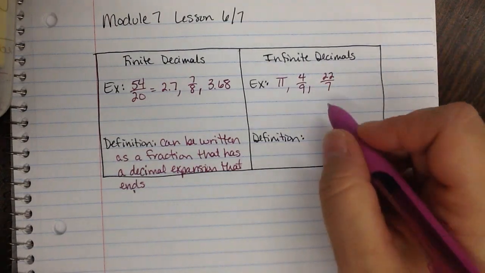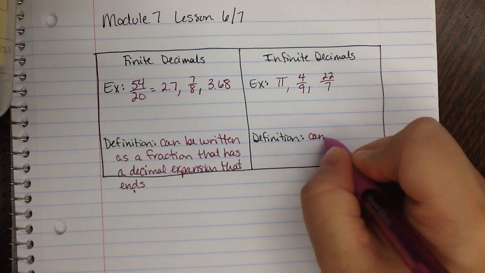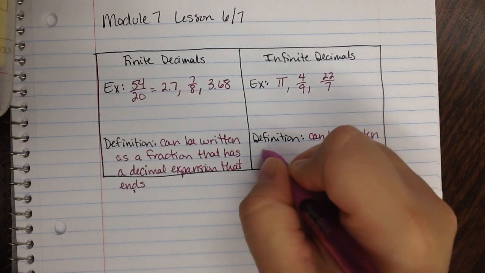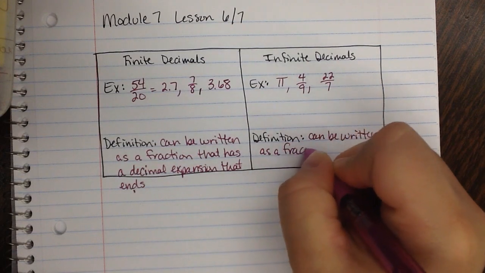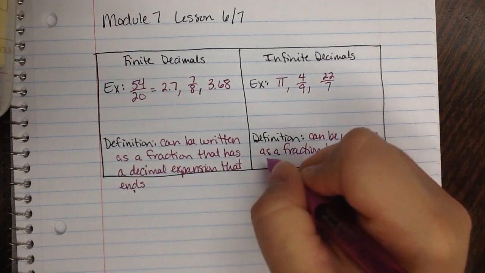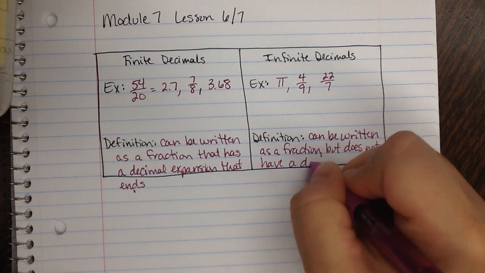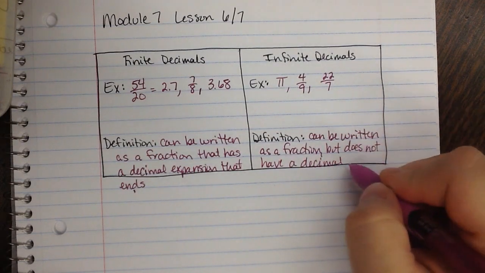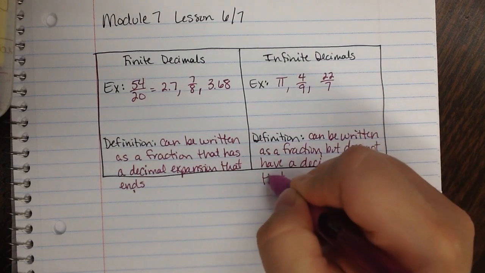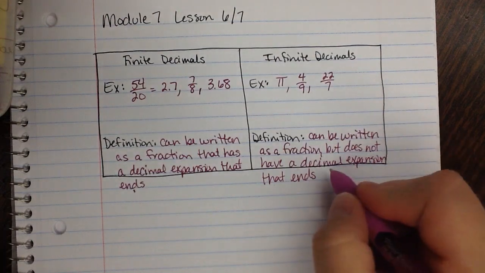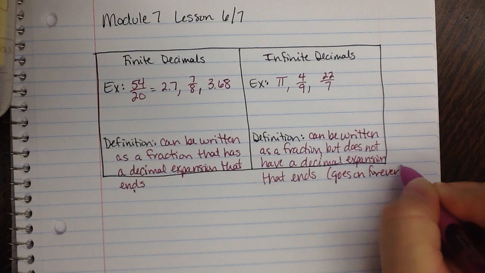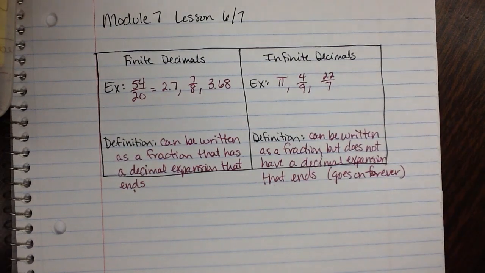Okay, so this can be written as a fraction, but does not have a decimal expansion that ends. It goes on forever. Okay, that's what infinite decimals are.